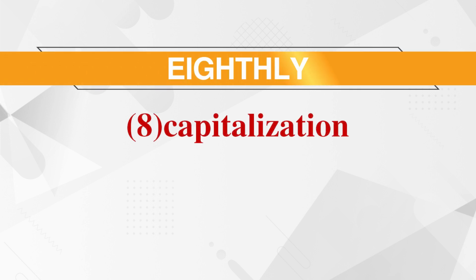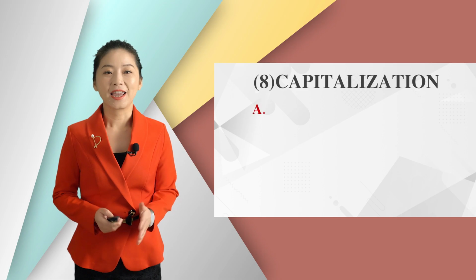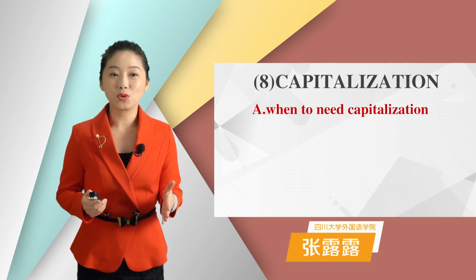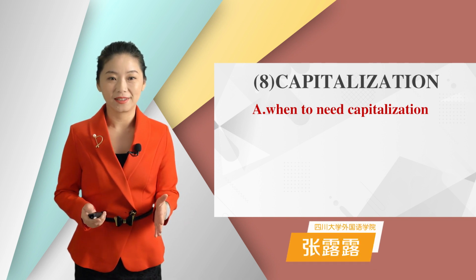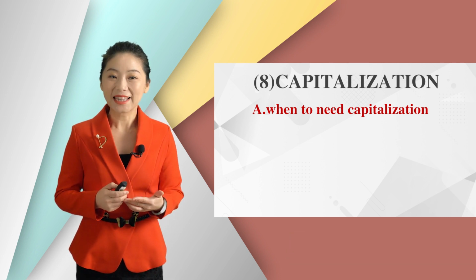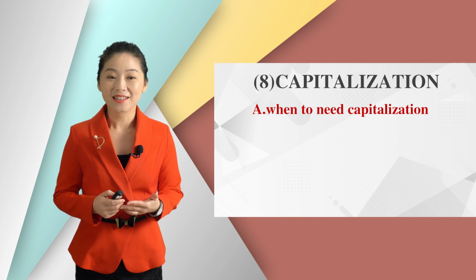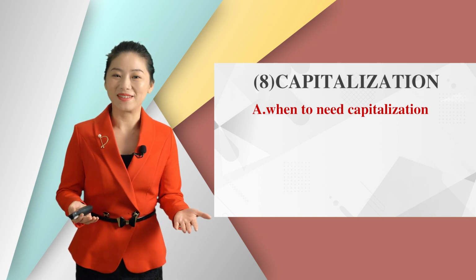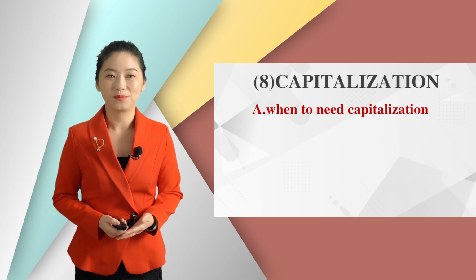Eighthly, capitalization. In most cases, we know when to use capitalization, such as person names, place names, and sentence beginnings. Proper use of capitalization can improve the quality of the article.